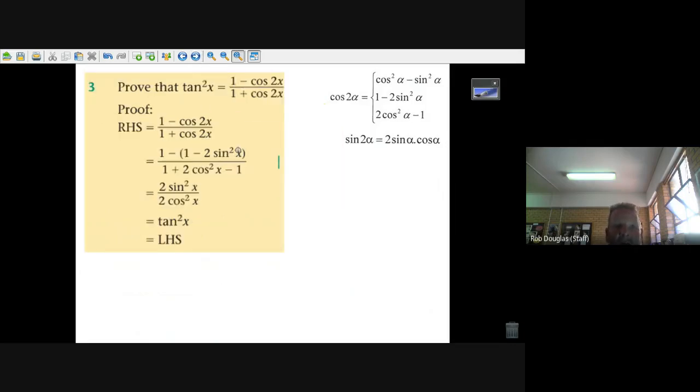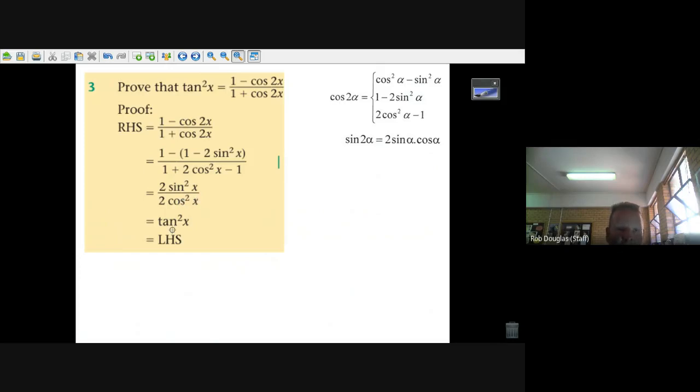The next question is actually a little bit easier in a way. We have 1 minus cos 2x, and look, we go for this 1 minus 2 sine squared, so we go 1 minus 1, it'll cancel. For the cos 2x, you've got three things to choose from, but if we choose the 2 cos squared x minus 1, then the 1 minus 1 will cancel. Then you just get sine squared over cos squared.